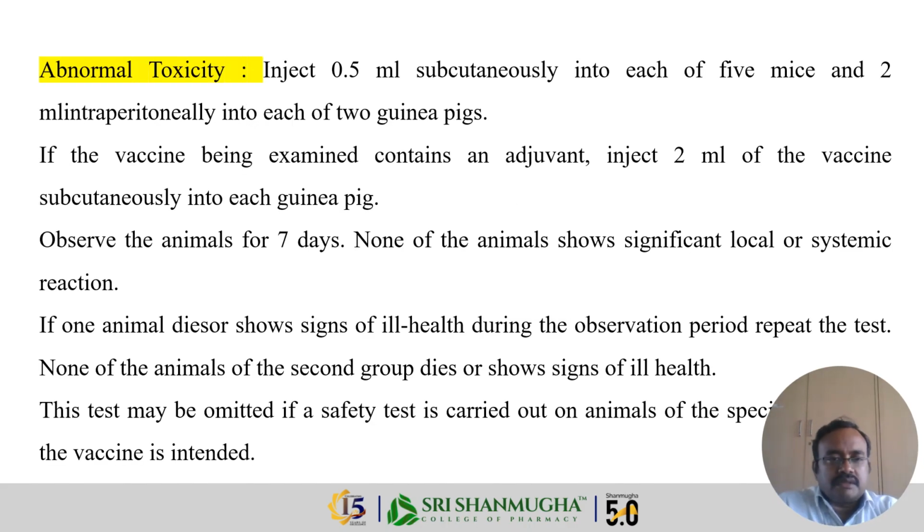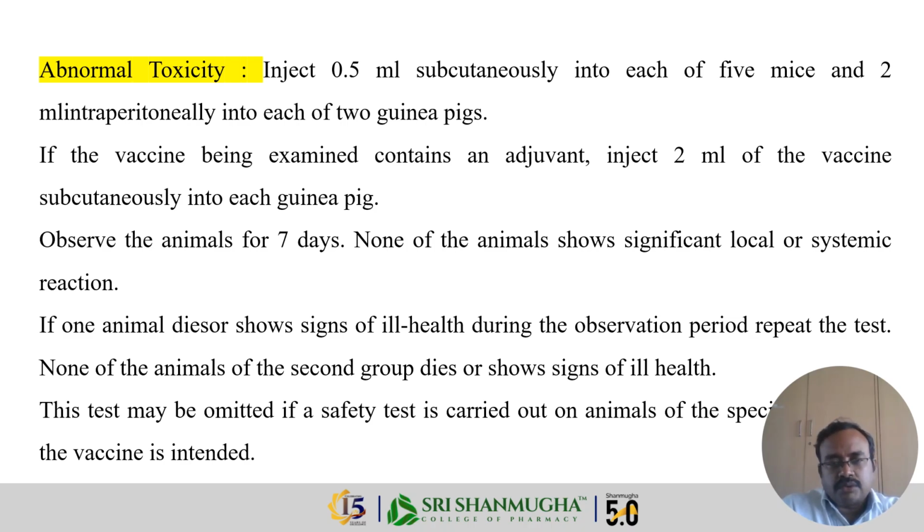Then the abnormal toxicity test. Inject 0.5 ml subcutaneously into each of 5 mice and 2 ml intraperitoneally into each of 2 guinea pigs. If the vaccine being examined contains an adjuvant, inject 2 ml of vaccine subcutaneously into each guinea pig. Observe all the animals for 7 days.